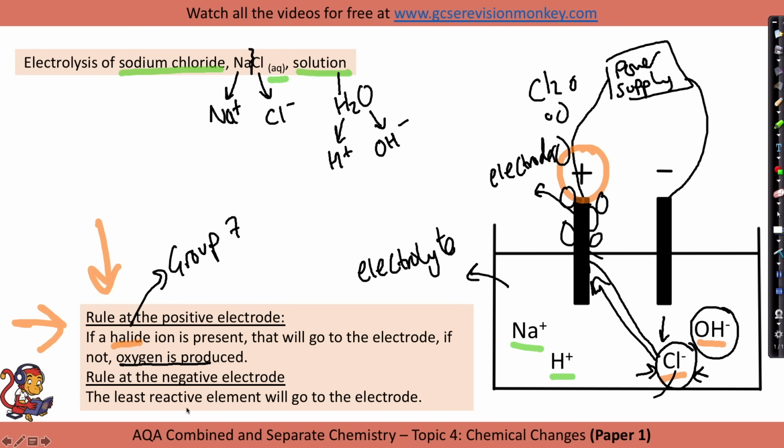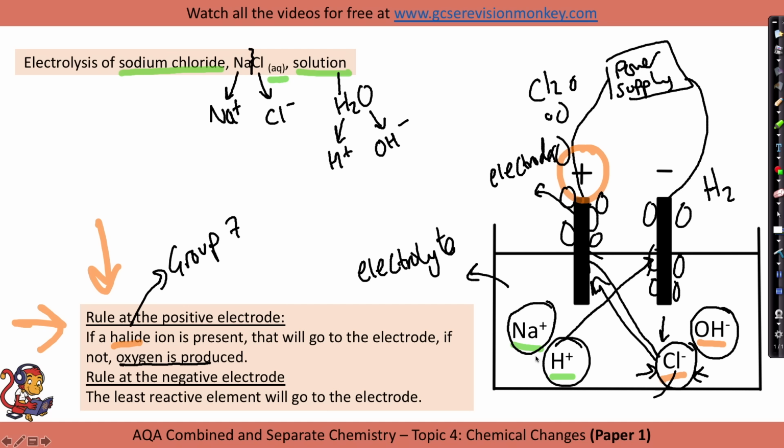Now at the negative electrode, the rule is the least reactive element will go to the electrode. These are the two that we've got: sodium ion and hydrogen ion. We need to know our reactivity series for this practical. So out of these two, hydrogen is the least reactive, so that goes to the negative electrode and again goes off as an H2 molecule.